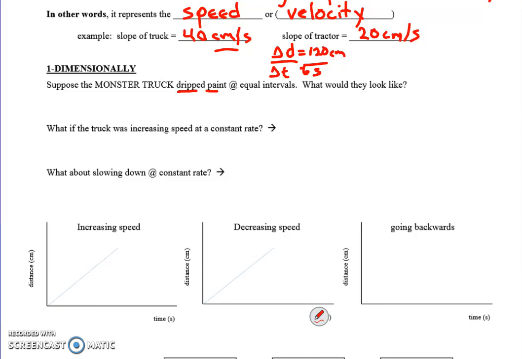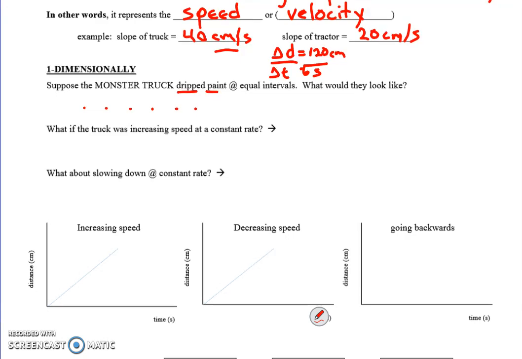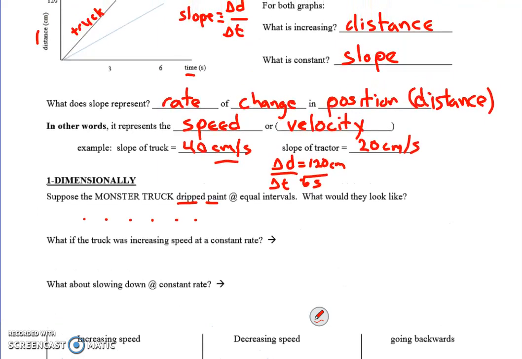Well, it's not hard to imagine that if the truck is just sitting there, the dots are just going to pile up and make a big messy splotch. However, if the truck starts moving at a constant speed, which means it's covering the same distance for each time interval, or in this case, each paint drip, we've got a dot, and then a dot, and then a dot, and they're equally spaced. Pretty straightforward. So the equally spaced one-dimensional dots here is the same thing as a straight line increasing position, two-dimensional.